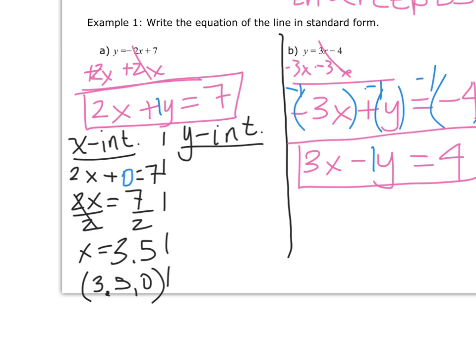So to find the y-intercept, I'm going to do the same thing, but what's the x value for all of the y-intercepts? 0. Perfect. So I'm going to plug in 0 for my x. So I have 2 times 0 plus y equals 7.